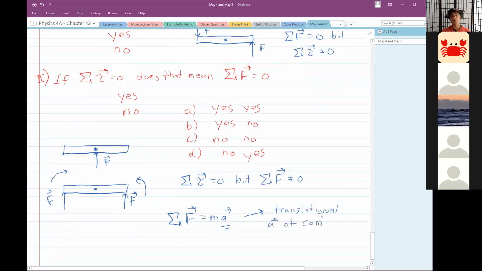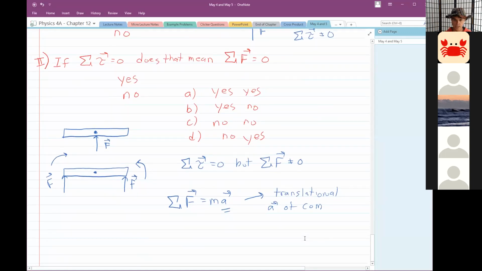So if the sum of the forces is not 0, that means the center of mass of the object or system will accelerate. If the sum of the torques is not 0, then anytime the sum of the torques isn't 0, I'm going to have an angular acceleration. And so this is really a rotational acceleration.